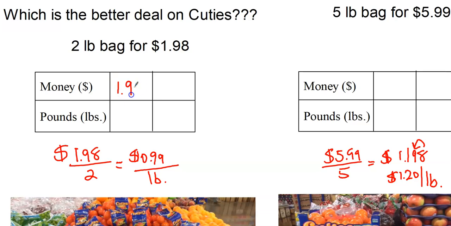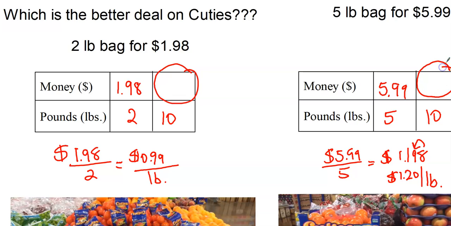So if I put the $1.98 for 2 pounds here, and I put the $5.99 for 5 pounds here, then what I'm thinking is, hey, 2 and 5 have a common multiple of 10. So what if I change this to 10 and this to 10 so that I can compare, right? So now I'm looking at this number. All I need to do now is do a little extra math.